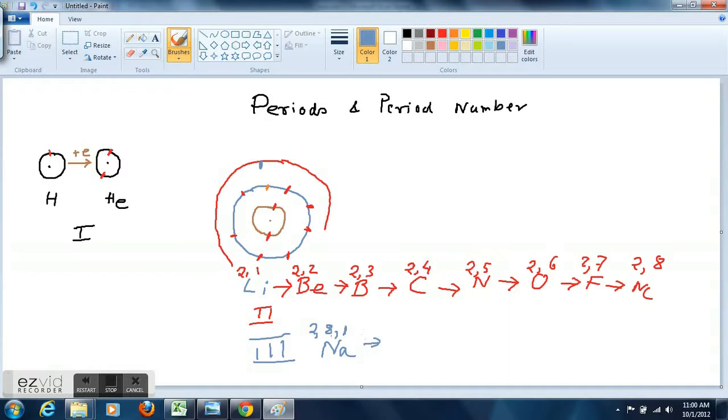When you add one more electron to the outermost shell, we get the next element in this period, which is magnesium, with configuration 2, 8, 2.